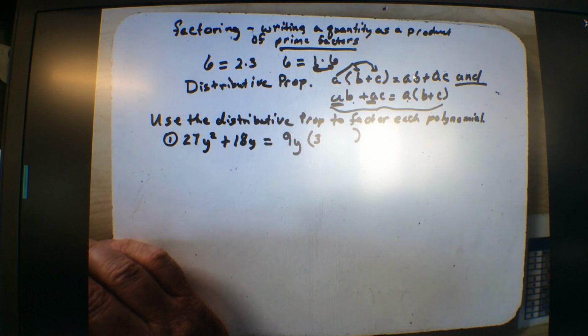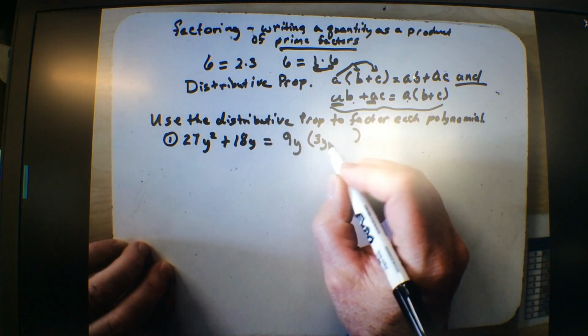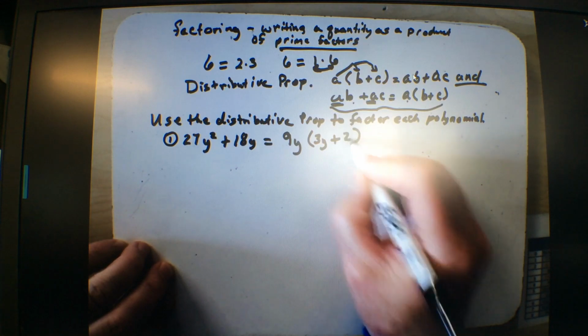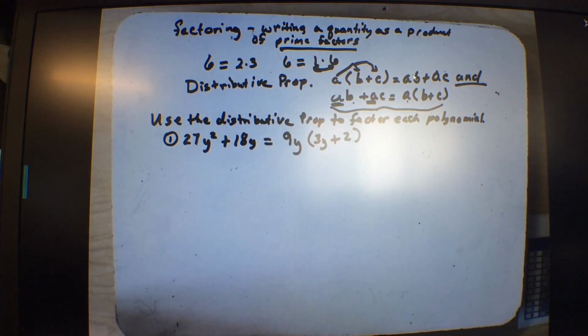If you have 2 y's and you take 1 away, how many do you have left? 1. So 3y plus 2. Where did she get 2? 18 divided by 9 is 2, and y divided by y is 1, right? So we get 2. There's no y's left. This is called, using the distributive property, factor.